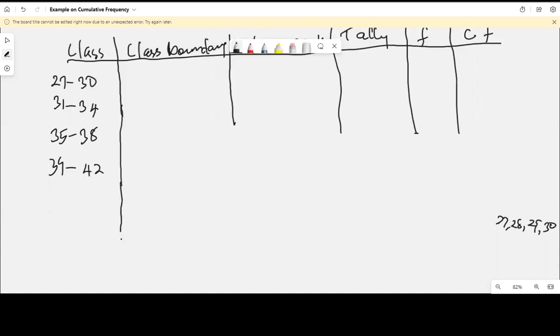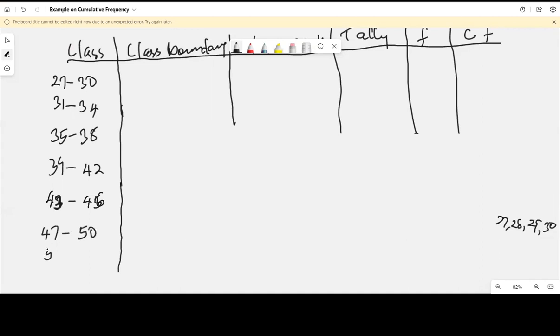The next interval should be 43, 44, 45. Oh, no, please, a mistake here. I stopped at 42 here, meaning this should be 43 to 46. The next should be 47 to 50.